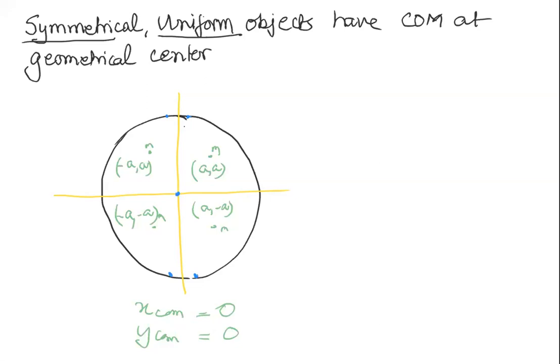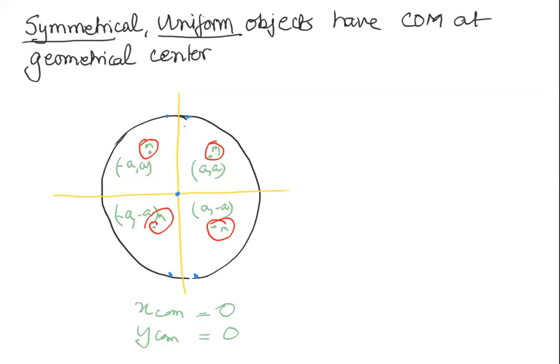Now, what is the meaning of uniform? The meaning of uniform is that if here there is mass m, then here also there is mass m, here also mass m, here also mass m. If an object is non-uniform, then these masses can be different. So whatever I am saying will not work if you take a hemisphere of wood and a hemisphere of iron and stick them together to get a sphere.